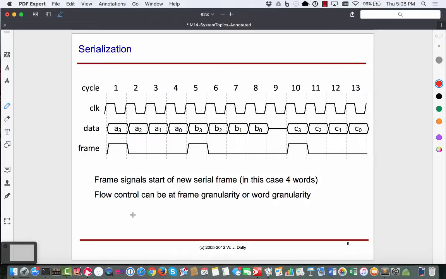If I'm monitoring 32 wires in a parallel case, it could be that on wire 1 I have a value for one word, and on wire 2 I have a value for a different word. When they're arriving over a serial link, they are guaranteed to be arriving one after another. So timing becomes a lot simpler. But the complication now is, how do I know one word has ended and another word has begun?